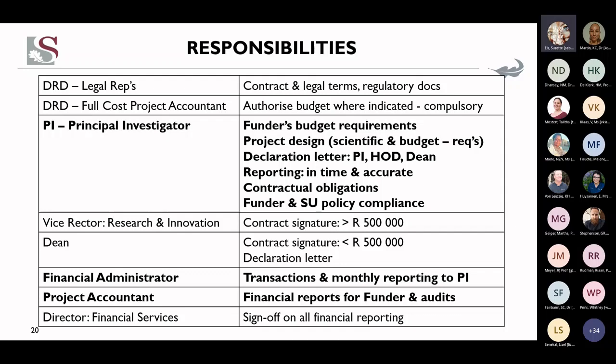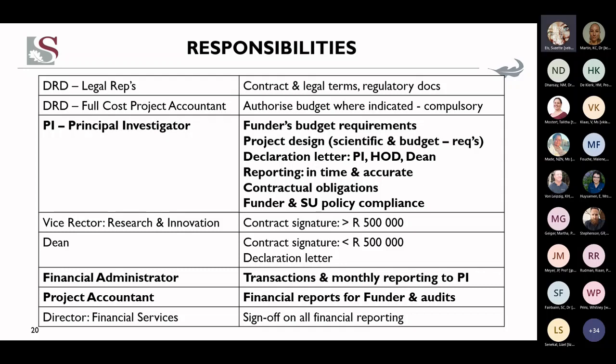And at the end of the day, we will assist with any reporting, which will also form part of your budget, because you have to budget for the project accountants to assist you in the financial reporting. A formal financial report to the funder must be signed off by Renette Eis, who is the Director of Financial Services, and she prefers any reporting to go through DRD's project accountants before it reaches her, because it's just time saving for her.